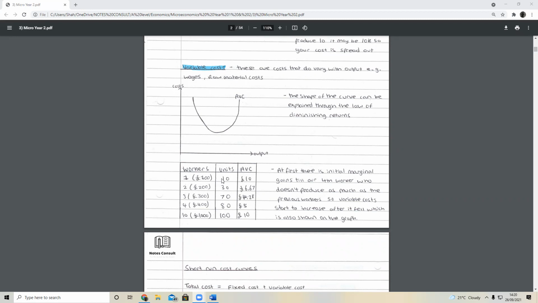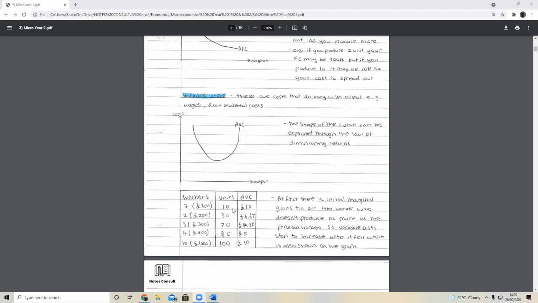Let's say that this first worker produces 10 units. His average variable cost is obviously going to be 100 over 10. Then for the second worker, our total wages is £200, or salaries even. Then we do 200 divided by 30 because that second worker has now a total of 30 units.